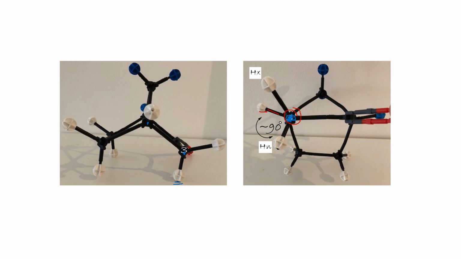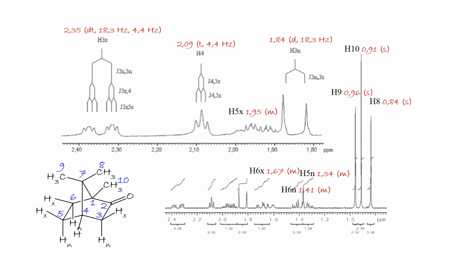The angle between this hydrogen 4 and the hydrogen 3N is almost 90, so there is no coupling or very small coupling. So I start from this point, assigning the peak at 1.84, doublet, 18.3 hertz, to H3N. As you can see, I assigned all of the proton NMR, but let's see how I did that.